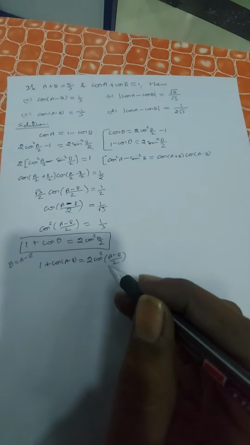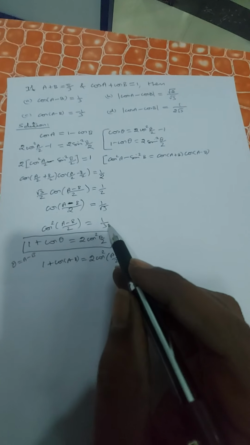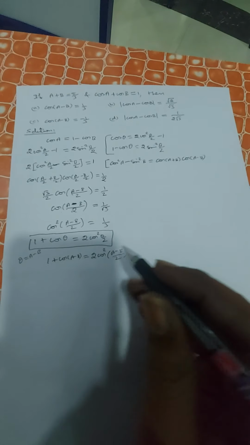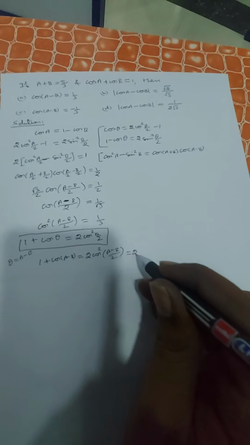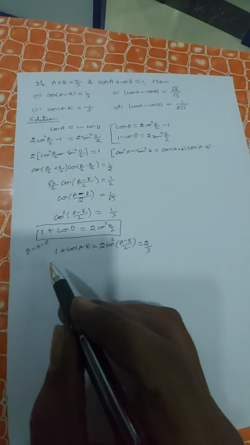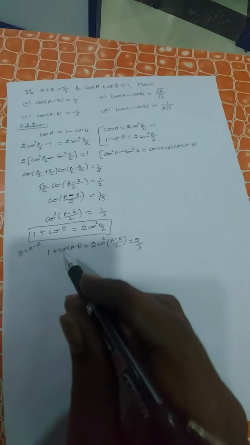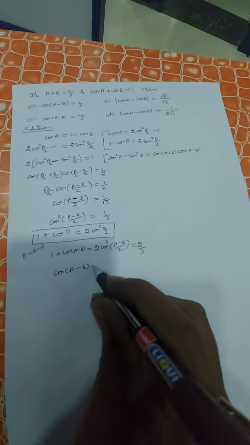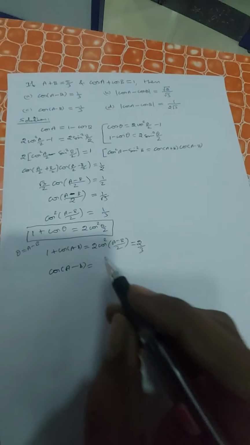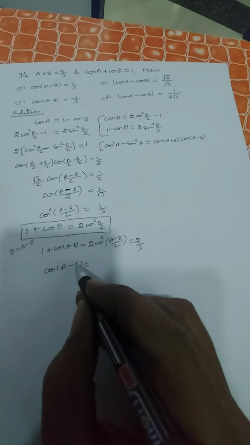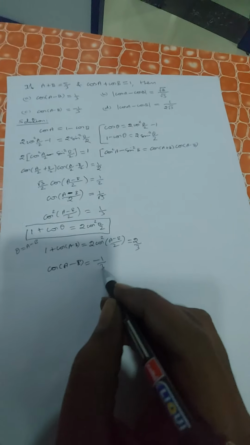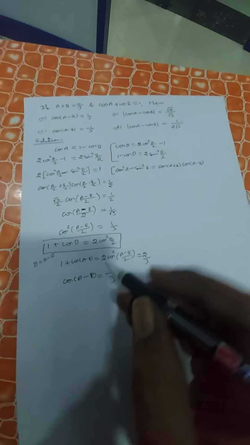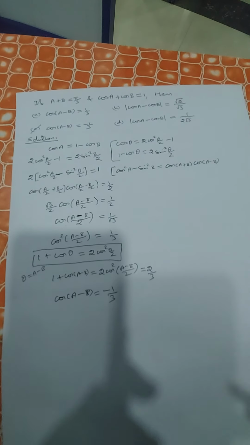Already we have the value for cos square a minus b by 2, it is 1 by 3. We can replace it here, so it will be 2 by 3. Now take this 1 to the right side. Then cos a minus b equal to 2 by 3 minus 1, so minus 1 by 3 will come. It is there in option C. So option C is correct. And we have to check whether options B and D are correct or not.